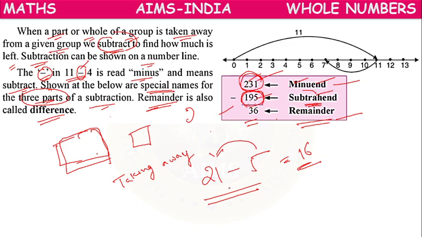But this can also be called the difference of 21 and 5. Instead of saying subtraction of 21 and 5, in usage we pronounce it as the difference of 21 and 5 results in 16. So the remainder is sometimes also called the difference.